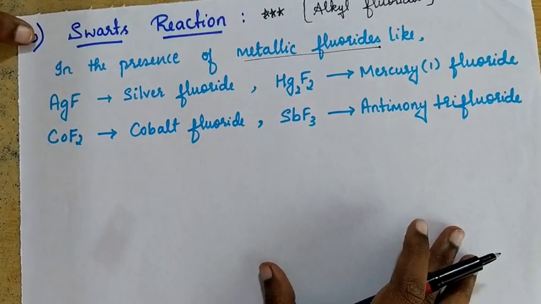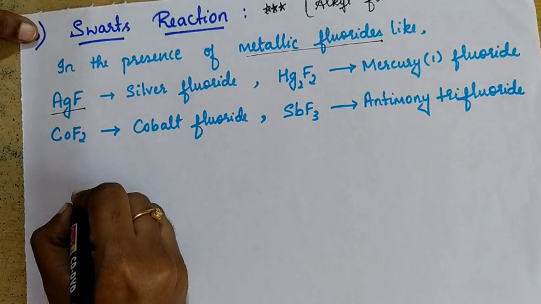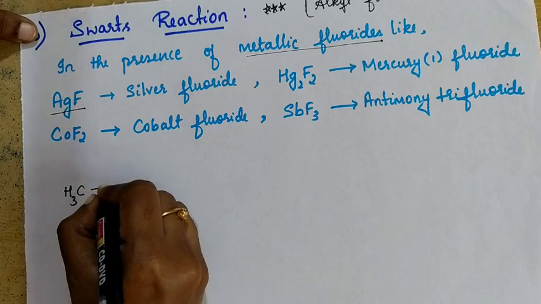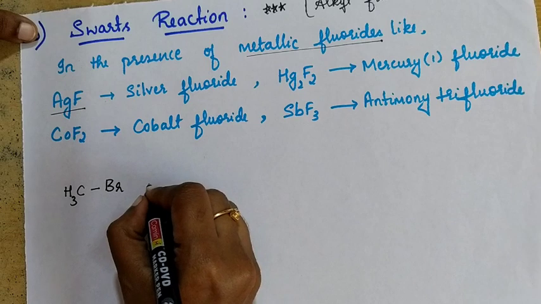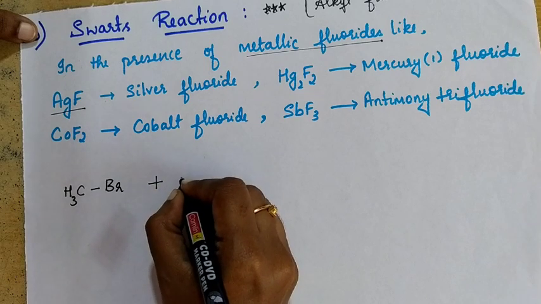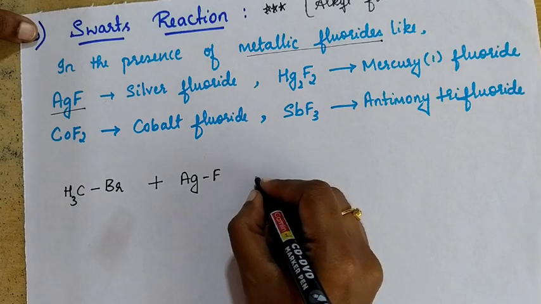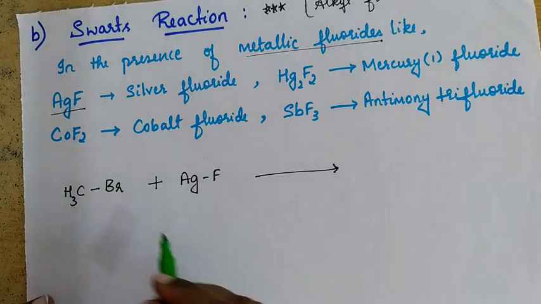Let me write one reaction in the presence of AgF as an example. If you consider an alkyl halide like CH3Br, which is methyl bromide, in the presence of AgF, this is also a type of halogen exchange method, no? So definitely the halogen is going to exchange between the two reactants.